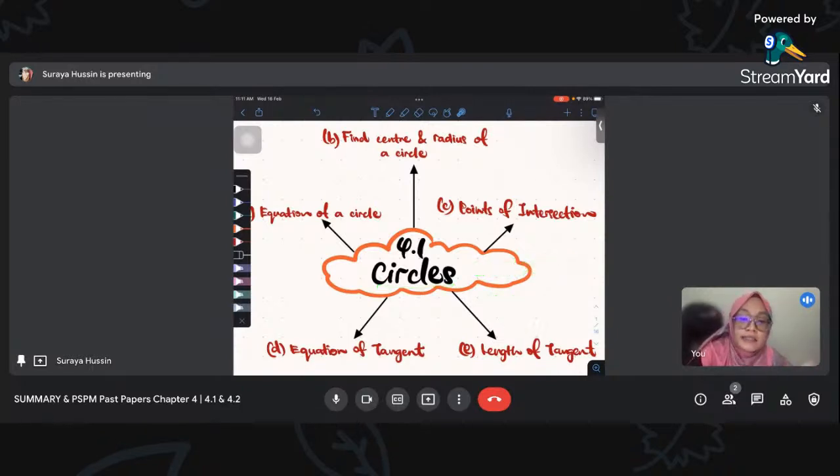You all rasa parabola lah yang paling susah sekali dan circle lah yang paling senang sekali untuk di antara tiga subtopik inilah. Okay, and yeah, majority of you, like 80% to 90% of you, vote that this topic circle is easy to do it. Yes, it is easy dengan syarat kamu hafal formula.